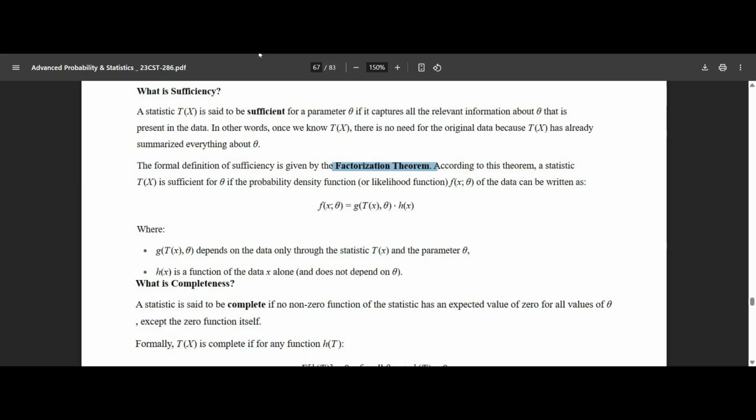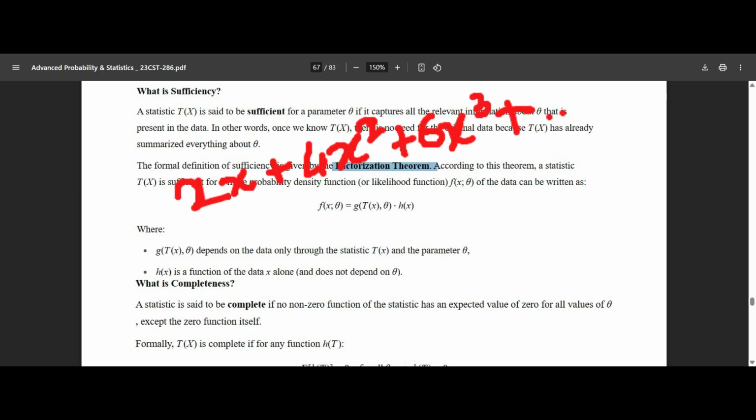देखिए, अगर हमें ऐसा कोई दिया रहे कि जस्ट अ सेकंड, 2x, then 2x plus 4x square plus 6x cube plus dot dot dot plus 2n x to the power n.